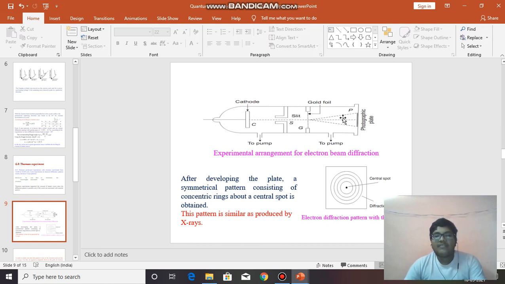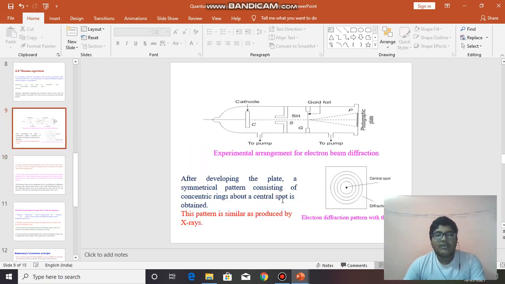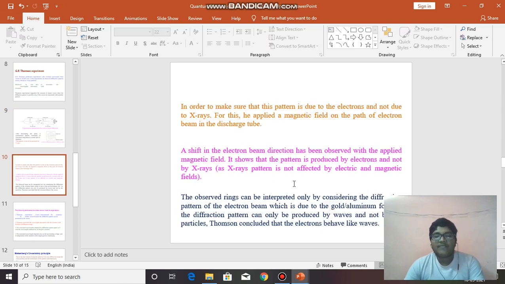In the photographic plate, after the experiment, this type of pattern has formed. When the beam is released in the vacuum through the slit, it gets scattered by the gold foil, and the image is formed on the photographic plate.